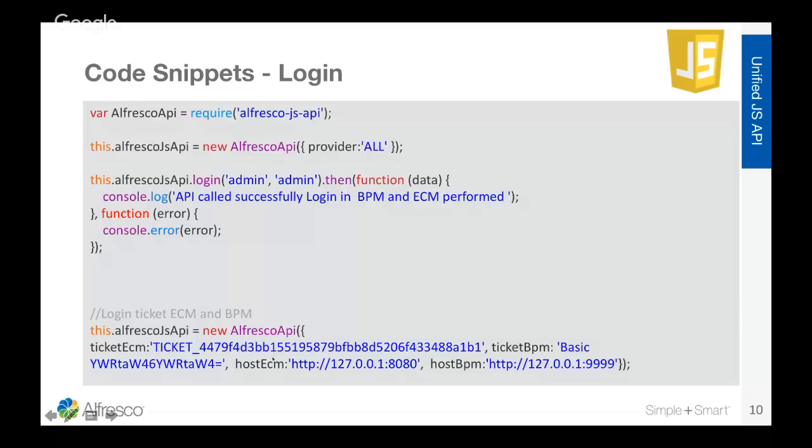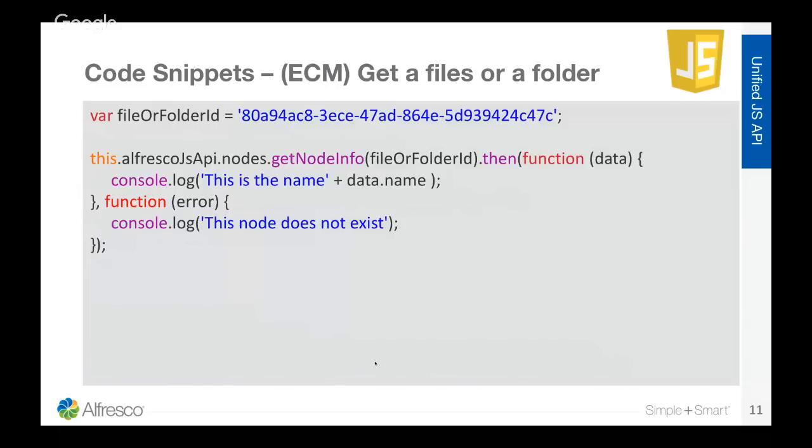You can also define the hosts where your ECM and your BPM platform are placed. There are a lot of options. All of them are documented inside the GitHub repository. This is another example of how to use the Alfresco JavaScript API. In this case, let's suppose that we have already done the login as before, and we want to retrieve the information about a node inside the ECM platform.